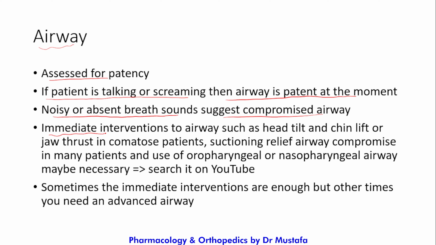Immediate interventions for the airway include many, including the head tilt and chin lift or the jaw thrust in the comatose patients, suctioning to relieve airway compromise in many patients, and use of oropharyngeal and nasopharyngeal airway may be necessary. And you can search each of those interventions on YouTube just to have an idea about it.